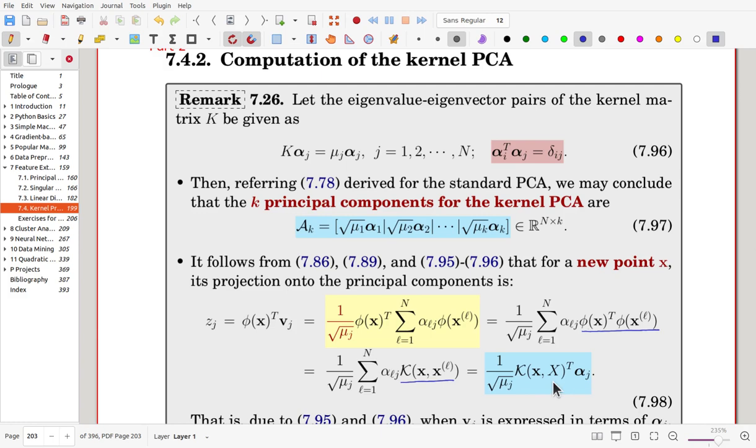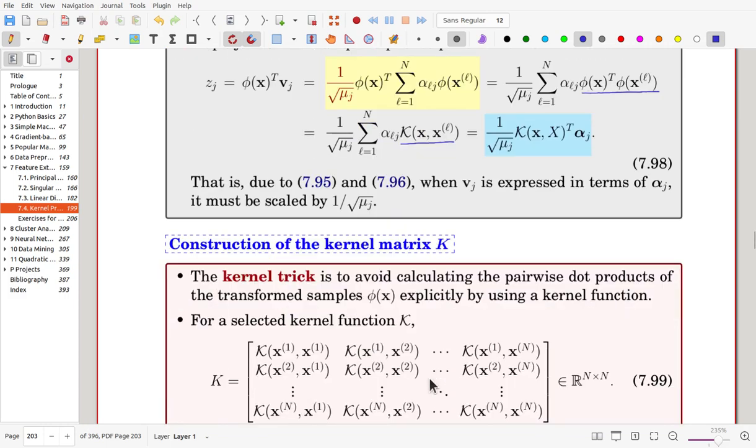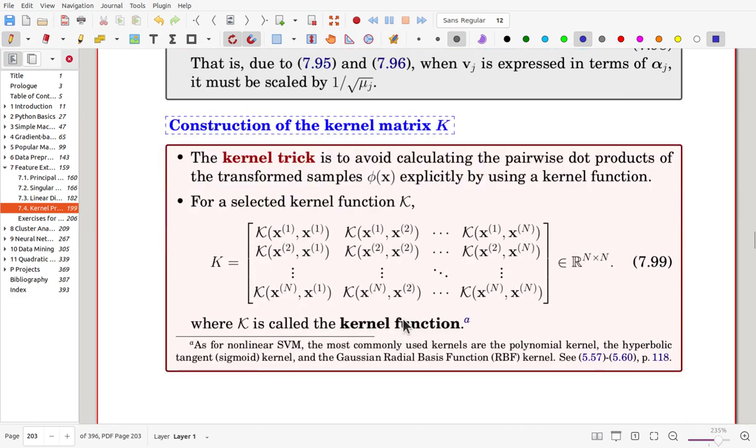Along with this, we can consider the kernel trick: rather than explicit expansion and dot product, we just make a value by using a kernel function. That is the basic idea of the kernel trick, and we learned it when we studied nonlinear support vector machines. In exactly the same way, we are using the kernel trick.